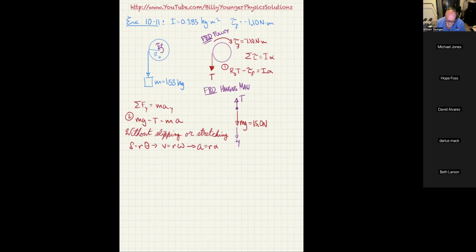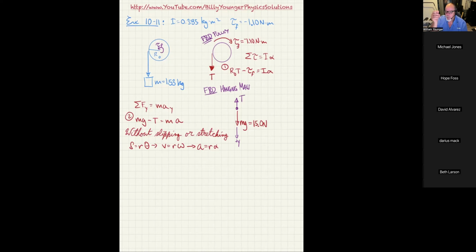What I mean is, if I pull this rope down 1 inch, then a spot on the pulley is going to move counterclockwise through an arc length of 1 inch. That is S equals R times theta, because the arc length is 1 inch, and theta would be whatever angle is appropriate to make S equal 1 inch for the given R.